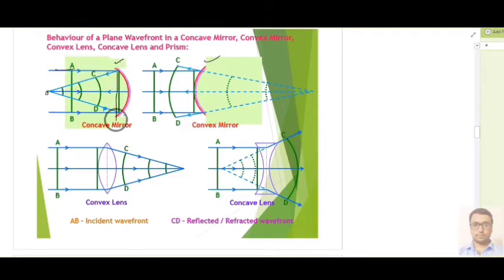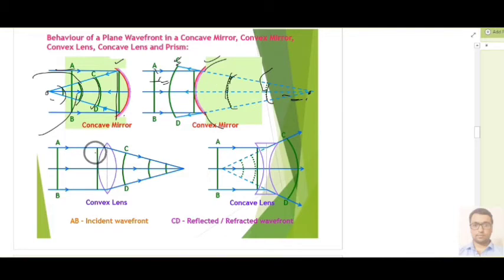So such a wavefront will have its radius towards the left. In case of a convex mirror, when a planar wavefront is coming, we know the image is formed behind the mirror, so we will get a wavefront with curvature and its radius is towards the right.